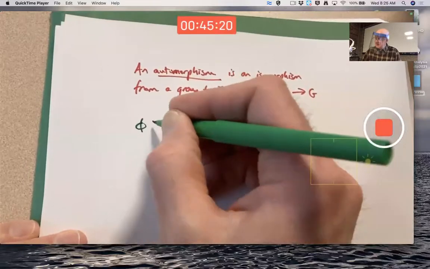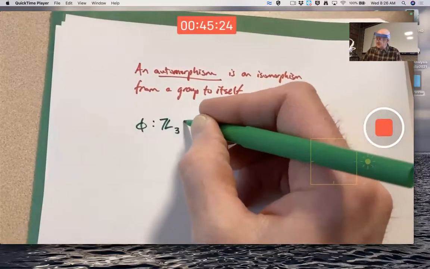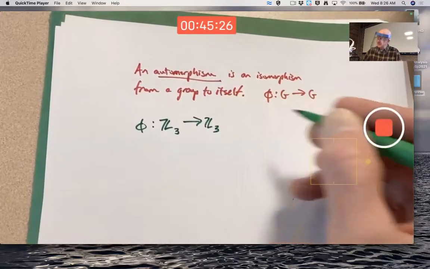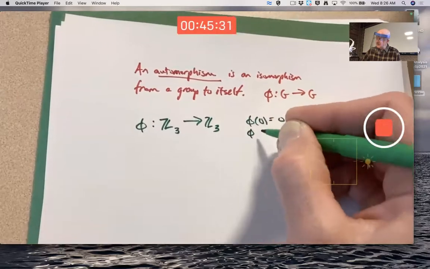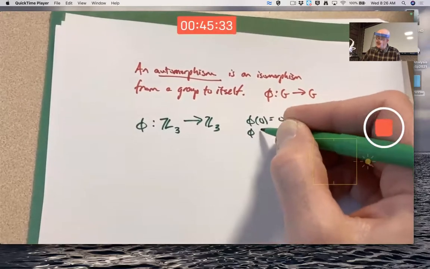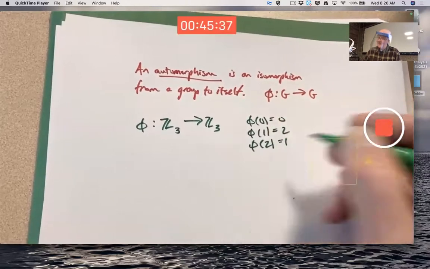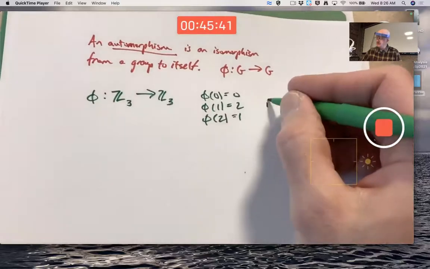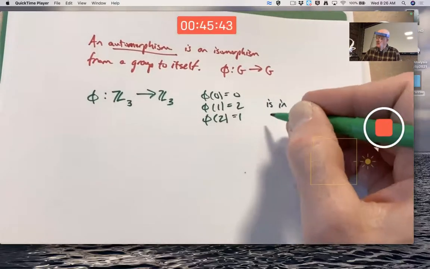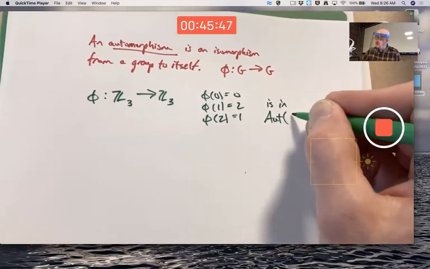If I take phi, going to make a simple example here, from Z3 to itself, defined by phi of 0 equals 0, phi of 1 equals 2 and phi of 2 equals 1, that's an automorphism, turns out. It's in what we call Aut of Z3.